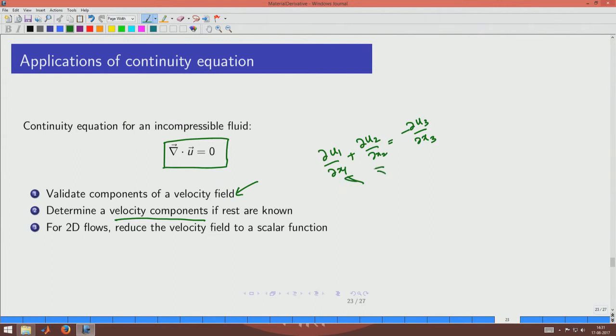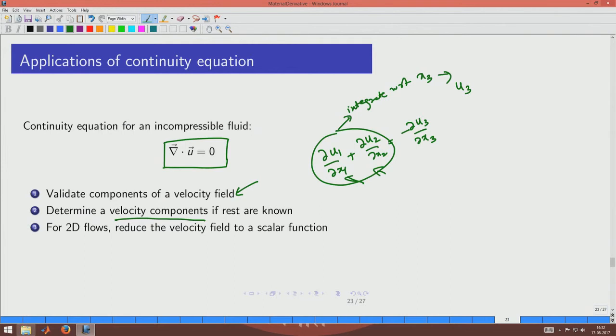If these 2 are known, then whatever comes up here, you integrate it with respect to x3, and that will give you u3. So, this is how you can use the continuity equation to determine unknown components of any velocity field if the rest of the components are known.